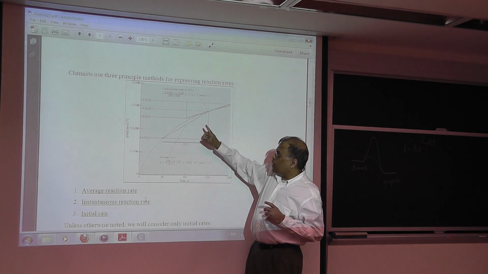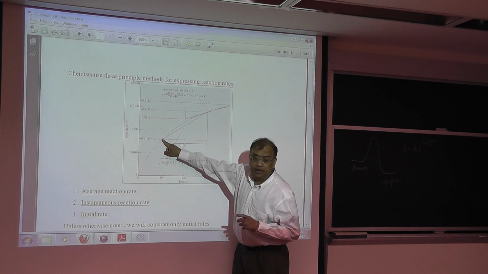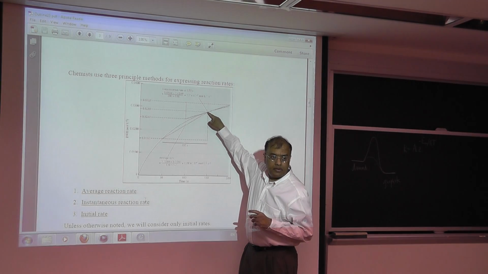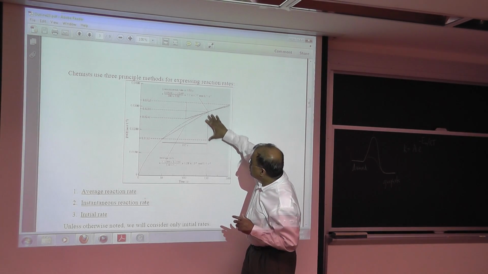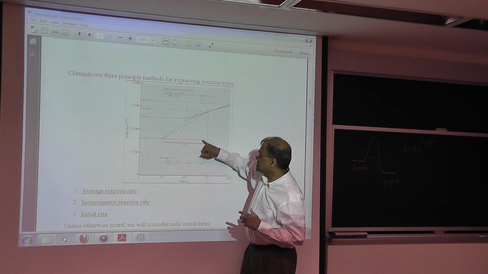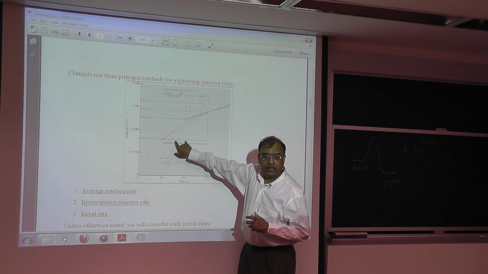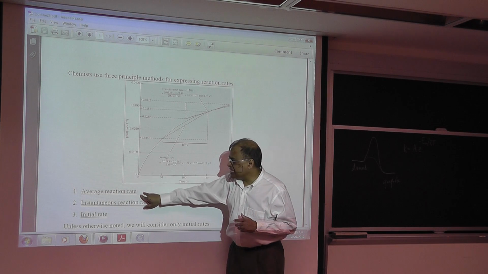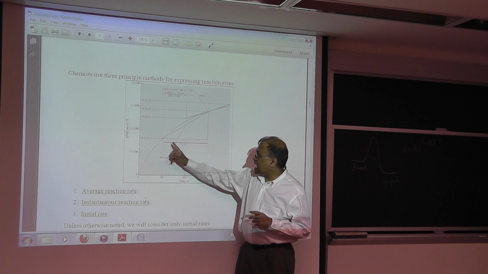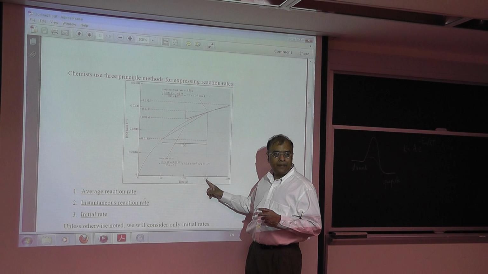If we want to know the average rate of the reaction between this time here and this time here, we look at this height, we look at this distance, rise over run gives you the average reaction rate. And that's the average between time t equals 50 and time t equals 150.